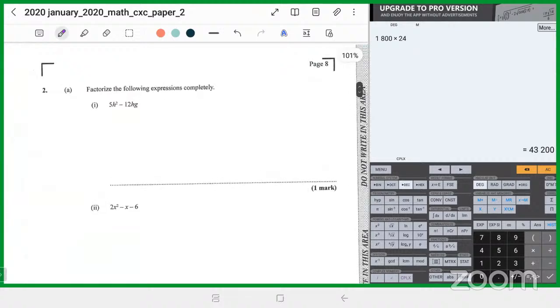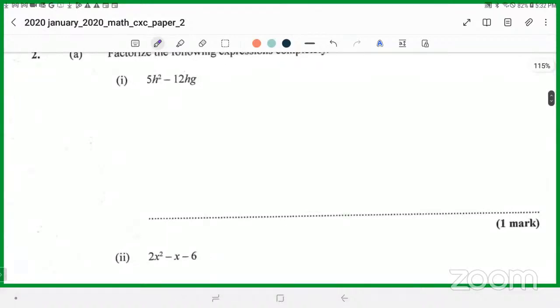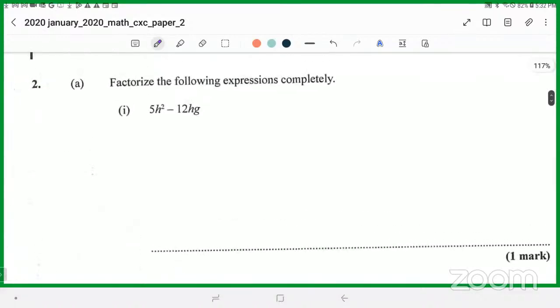All right, I don't think I need to calculate anymore. So here now, we need to factorize completely. Meaning, when you factorize, you have to factorize each part so that no further factorization is possible. So here now I see 2 terms, and I recognize h as a common factor.